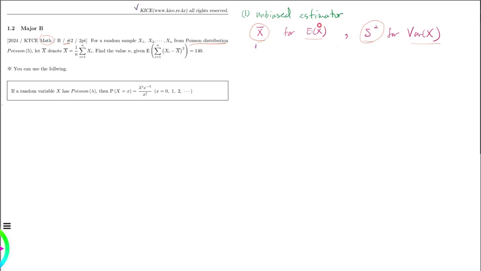X bar stands for when we have random sampling of size n from the population, and then the sample mean is denoted by X bar. This is called a sample mean, and S square is called a sample variance.